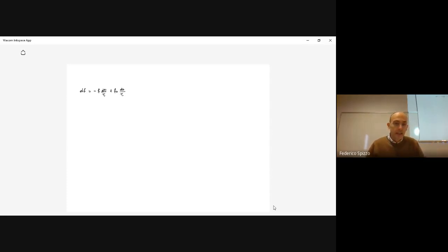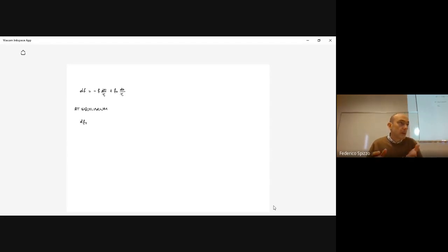Just to add an additional justification to that f0 times dt divided by the relaxation time, just think about what happens if you are at equilibrium. At equilibrium, in principle, you should evaluate the variation of the equilibrium distribution function, so we should write df0.